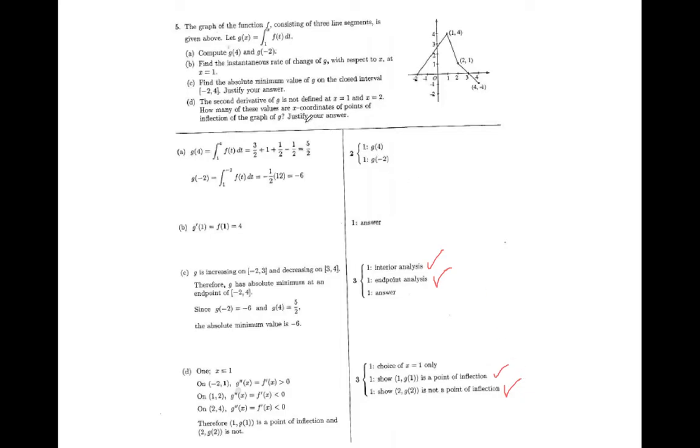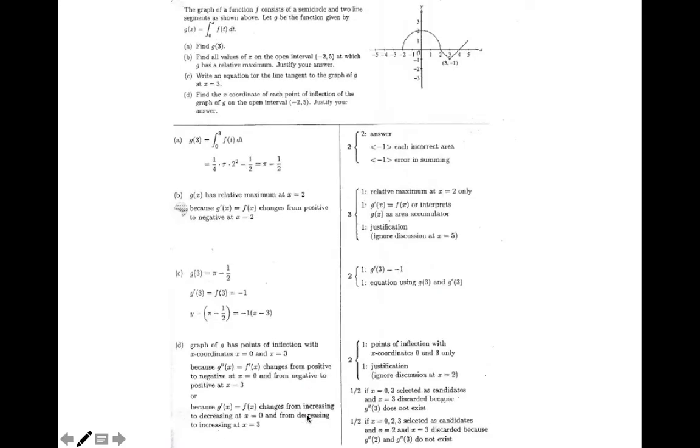Don't forget to justify when it asks to. Make sure you look at where they're using it in here. The first fundamental theorem is all in here. Again, the next one.